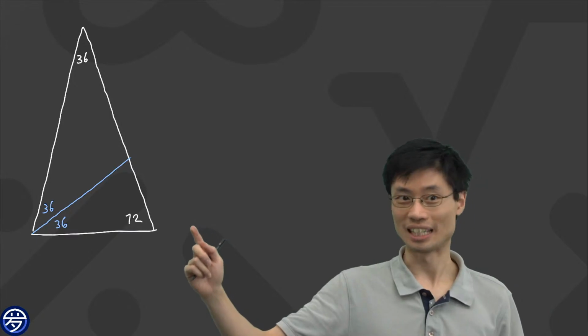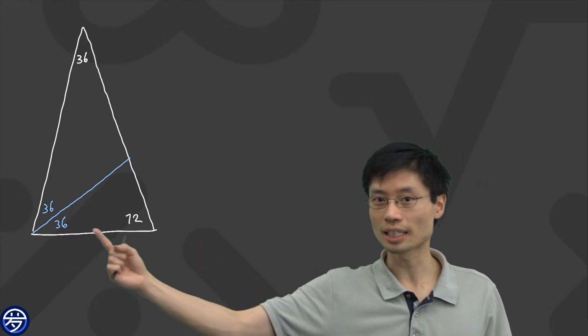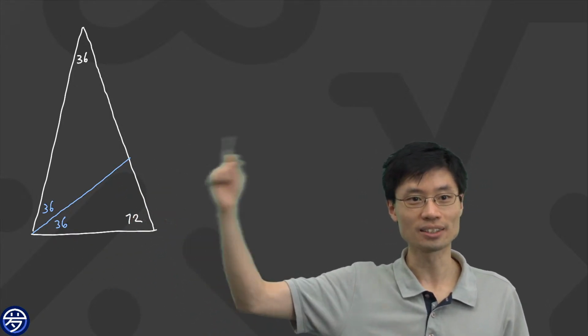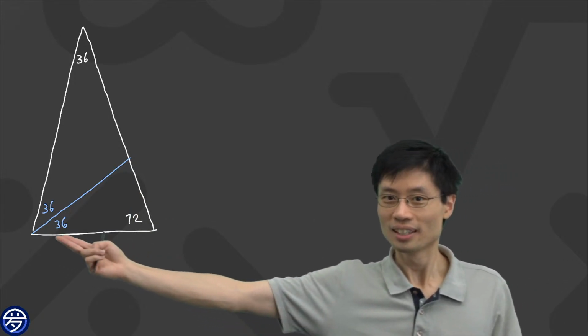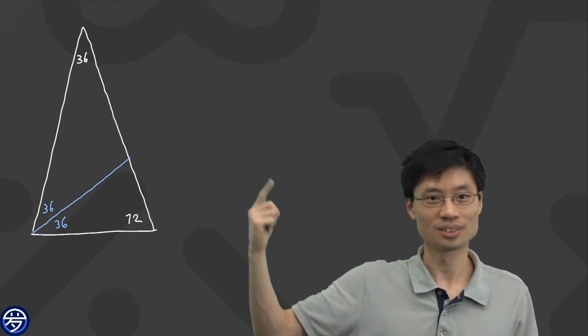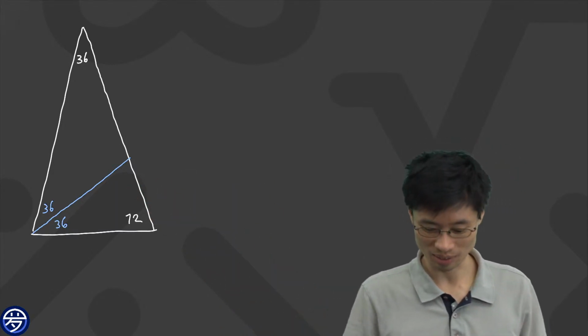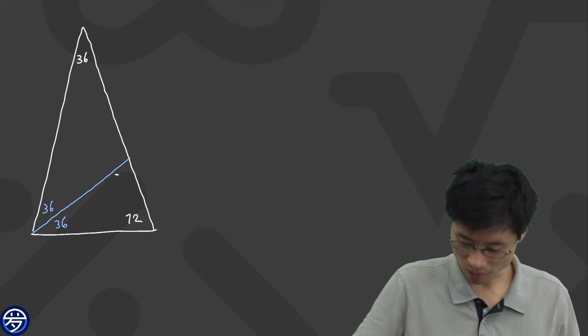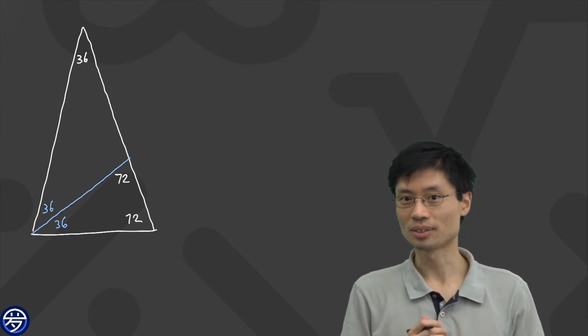Similar triangles, Daniel Wu, you're right. If I have a 36 and I have a 72, can you tell me anything about that angle? We've seen this before. 36, 72 gives you 72, right? That makes sense. Should have a 72. Oh, now I have some similar triangles.